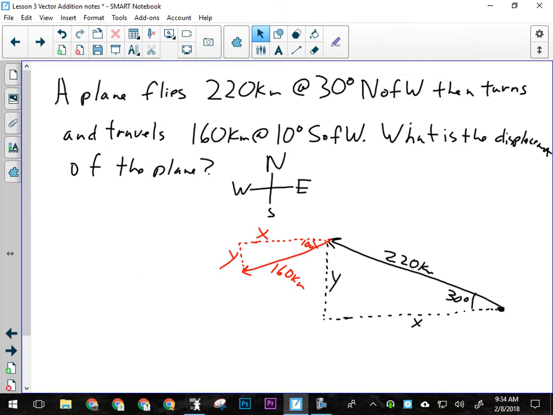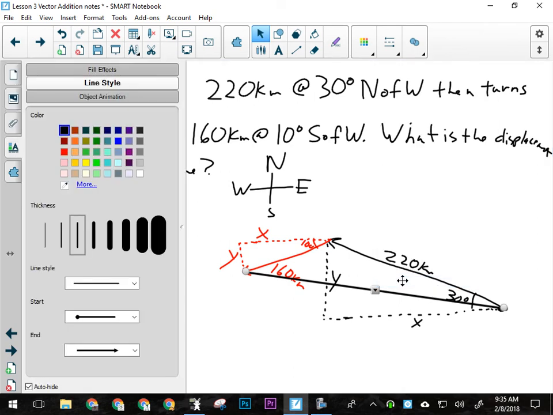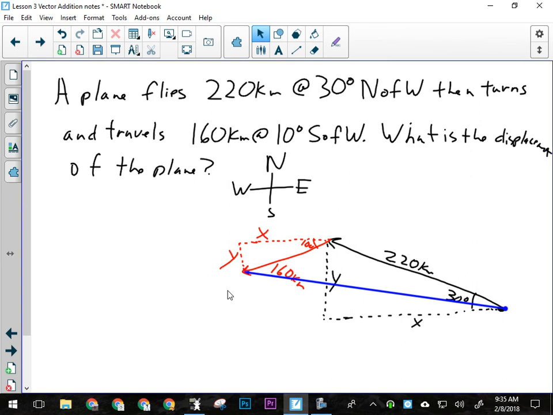Okay, I'm just going to make it a different color here. Blue. All right, so now I've got that line which represents my total displacement. Does it also have a Y and X component?